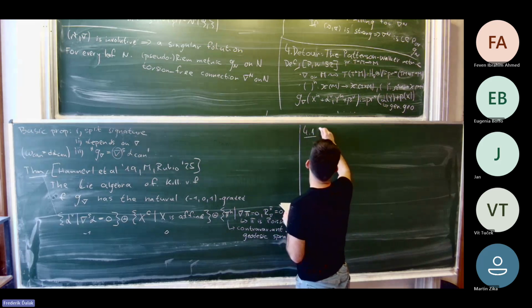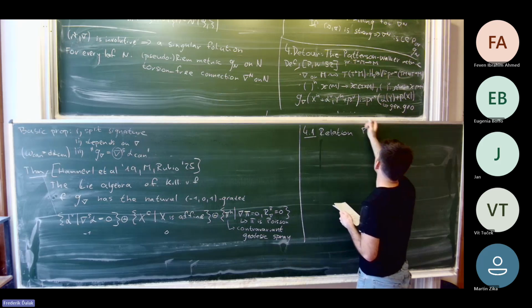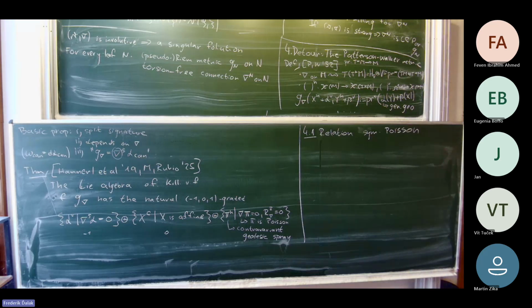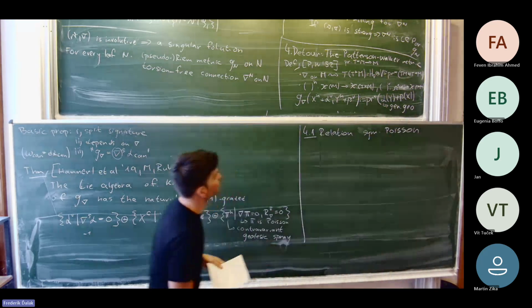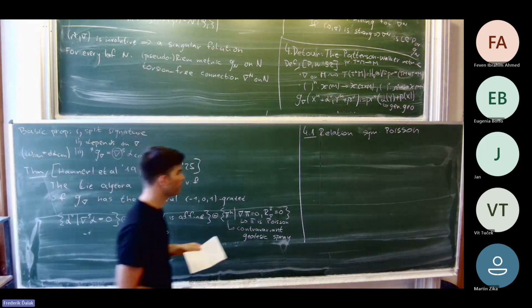Okay, so the relation to Petersen-Walker symmetric Poisson. Once you have this metric, you can study the gradient flow of a function on the tangent bundle, right? That's what you can do.